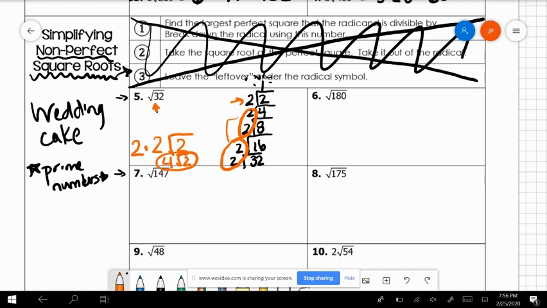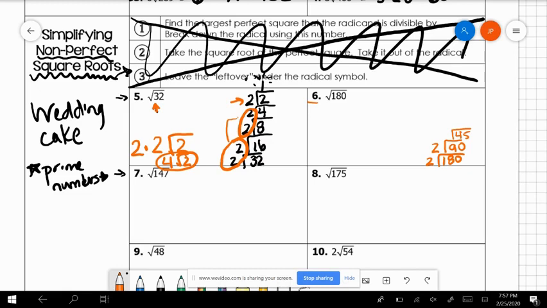Now let me do a couple of these with you because I know it's kind of confusing. So let's take a look at, let's do 16. Or sorry, 6. So if I start with 180, I can divide that by 2. This gives me 90. Divide it by 2, which gives me 45.